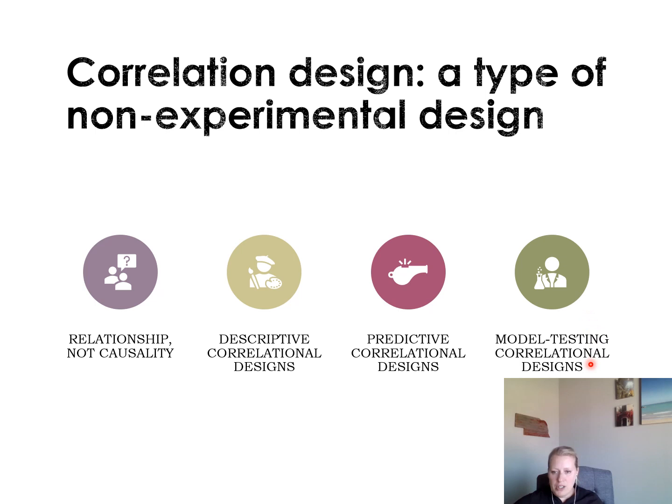And then you can do model testing in correlational design. It sounds fancy, but basically it's just proposing a theory, a theoretical model, and testing those relationships and saying, hey, I think that stress biomarkers correlate with feeding intolerance. You can see that in my model here, if you remember my research talk.